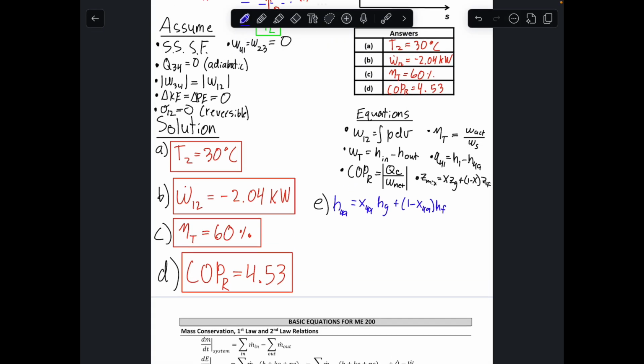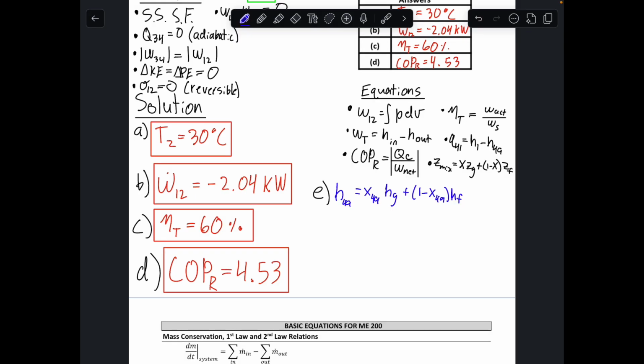I think I did this in an earlier part of the problem, so you can go back and look how I do that if you want to see the math behind it. But the result that you will get is x4a is equal to h4a minus hf divided by hg minus hf. And we just get this by doing some algebra on this equation to rearrange for x.